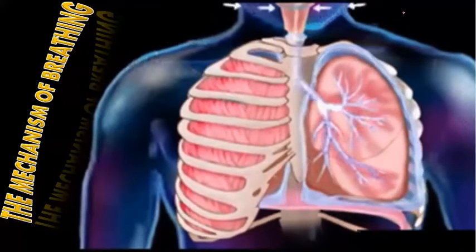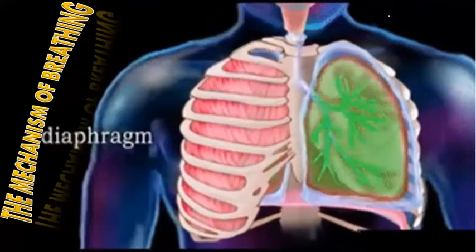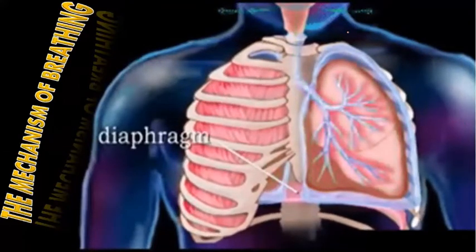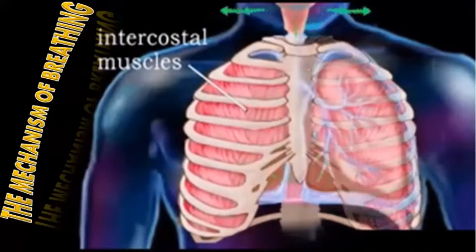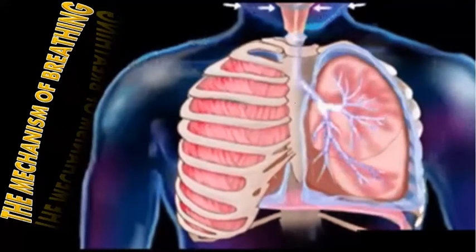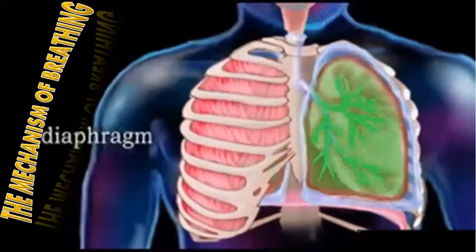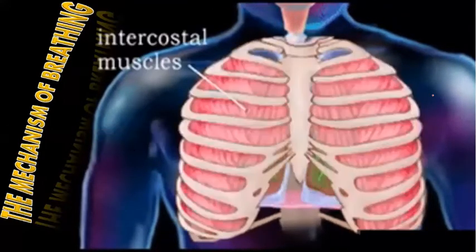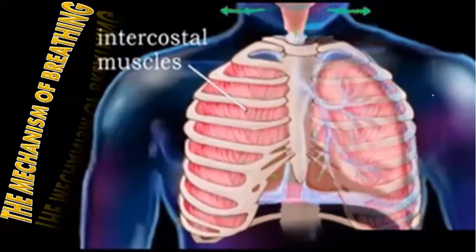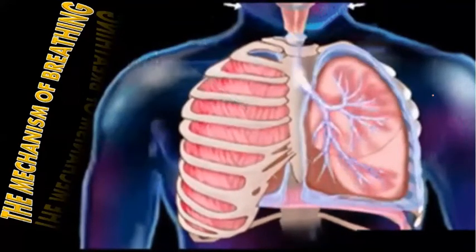Upper includes nose, nasal cavity, nostrils, and up to pharynx, and then we go down: trachea, bronchi, and the lungs. We have studied all these organs of the respiratory system of human beings.